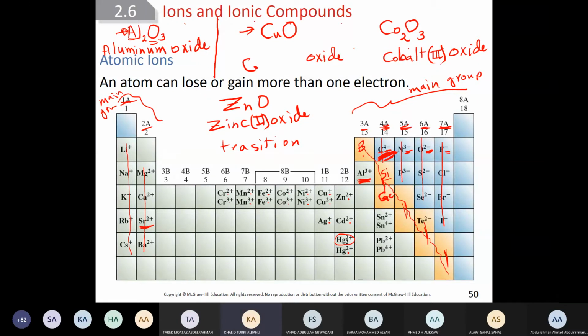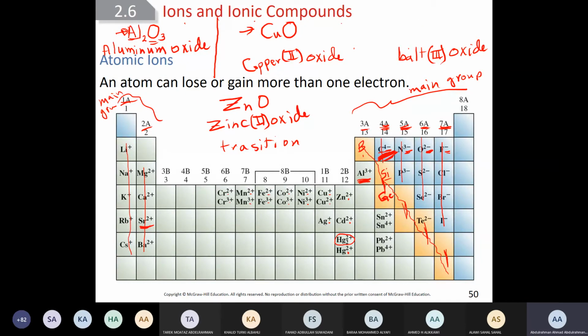Copper 2 oxide. Is this the correct name? We must put the Roman number. Copper 2 oxide, have to put 2 in here, exactly. Very good. Let's erase this one and I'll give you something else.